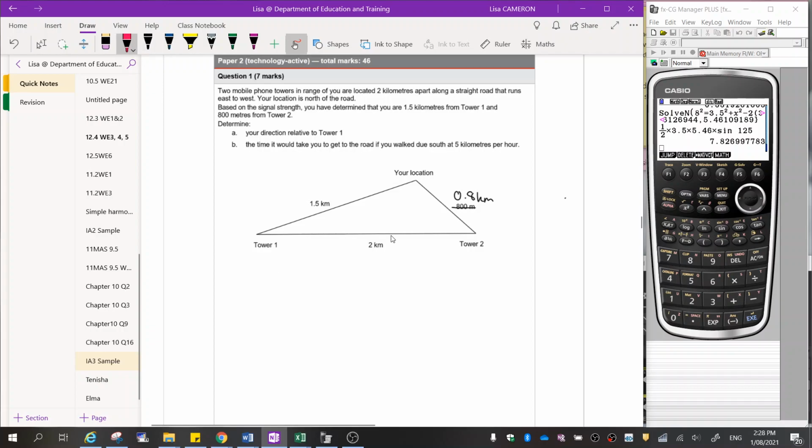So I'm going to start assigning these things. I'm going to call this A, this B, this C, which means that this is lower case c, this one's little a, and this one's little b. Okay, so now I'm just going to go through like I always do and state what I've got.